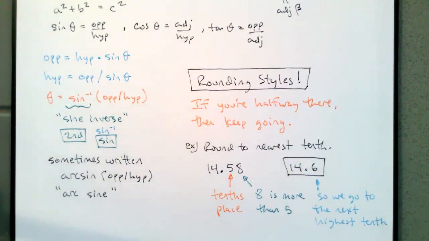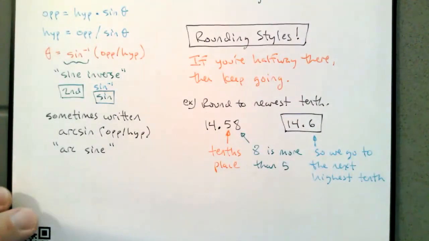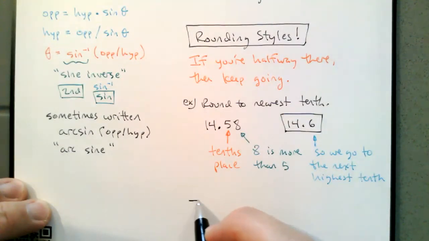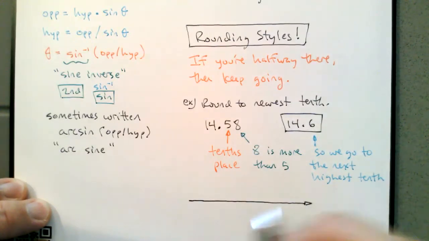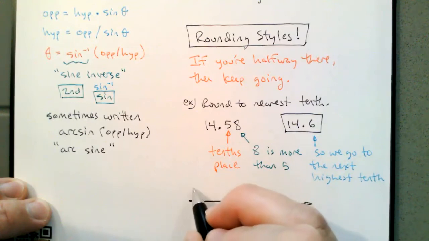When we're rounding to the nearest tenth, if we're at 14.58, we're between 14.5 and 14.6. Those are the 2 tenths that we're in between. When I say round to the nearest tenth, you have to decide which one is closer. So on a number line, here's 14.5.